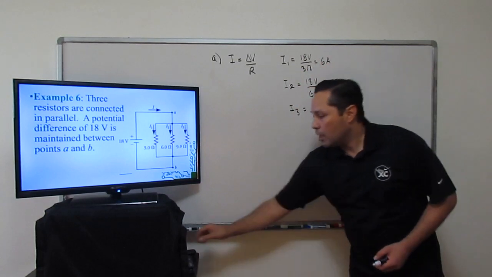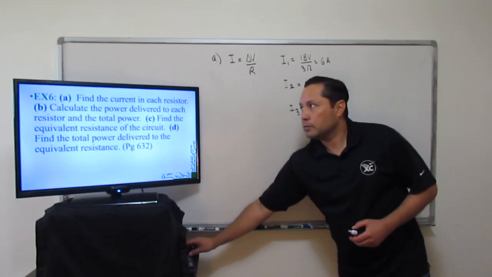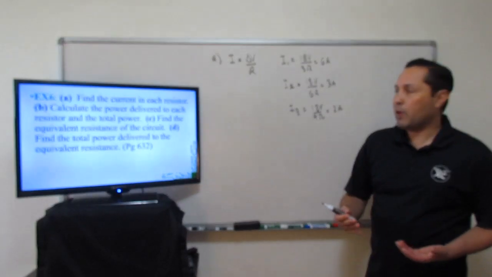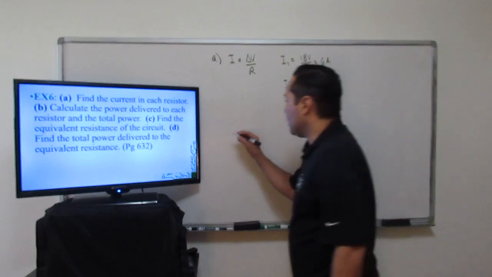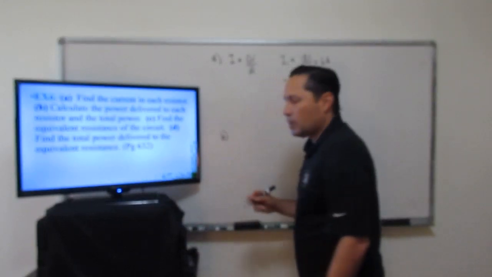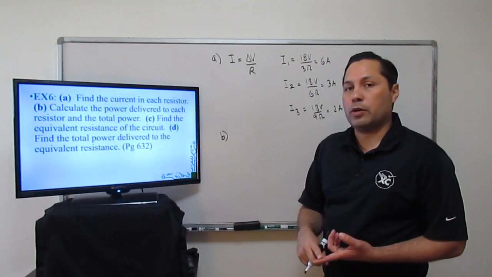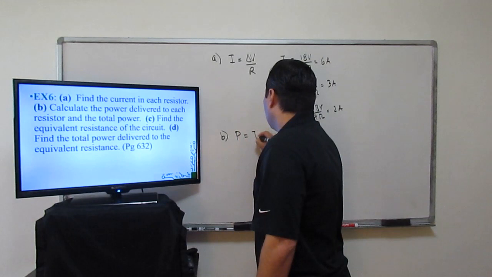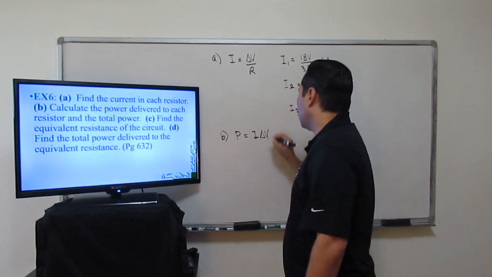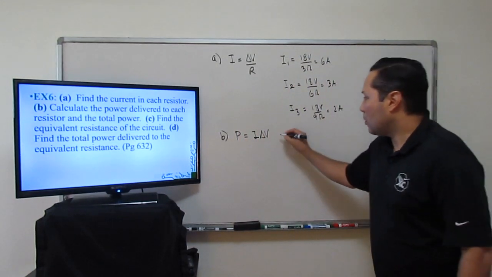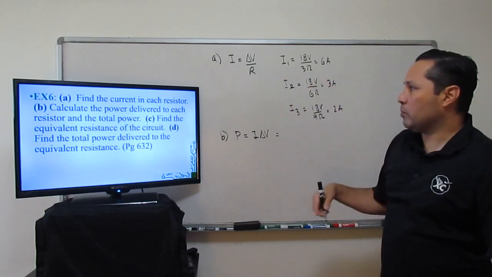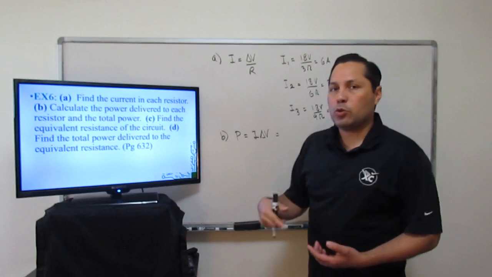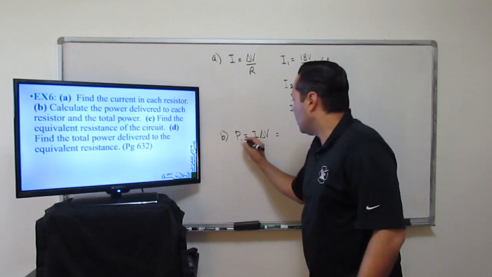That's part A. In part B, we're asked the following. Calculate the power delivered to each resistor and the total power. Now for part B, it will look like this. Power is the current times the voltage, I times delta V. We have the current for each one of them. They want the power delivered to each resistor, and then we're going to get the total by adding each of the resistors together.